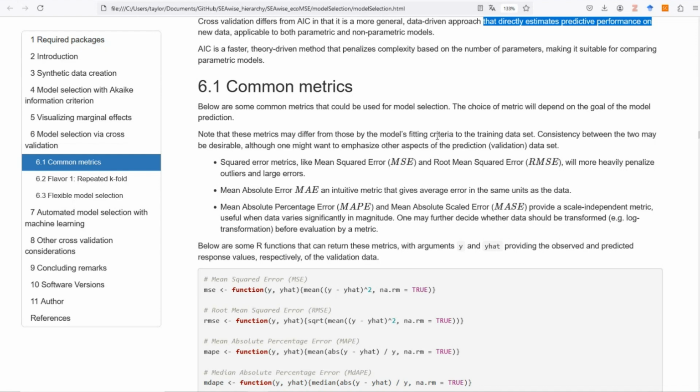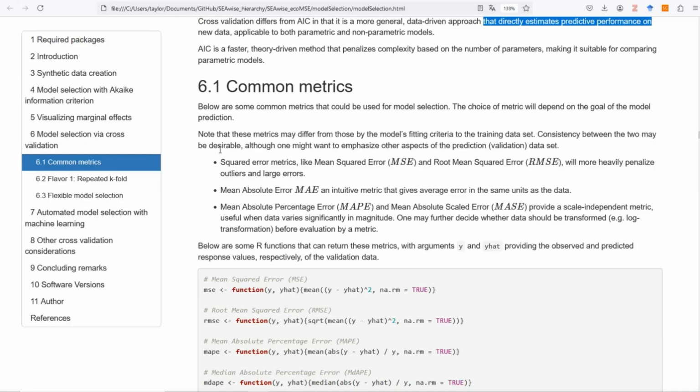And I've seen some reference to that being sometimes a benefit, like let's say the model is fit in log space, but you're still interested in the absolute values of the prediction. That's where you could use maybe a different metric than is used for the actual model fitting.